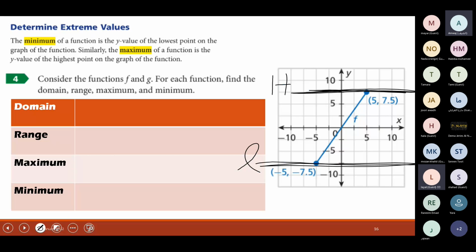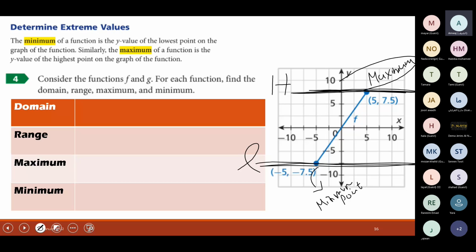Now, the highest point of y we call the maximum point, and the lowest point of y we call the minimum point. I will repeat. The maximum point of y is the highest value of y, and the minimum point is the lowest value of y.